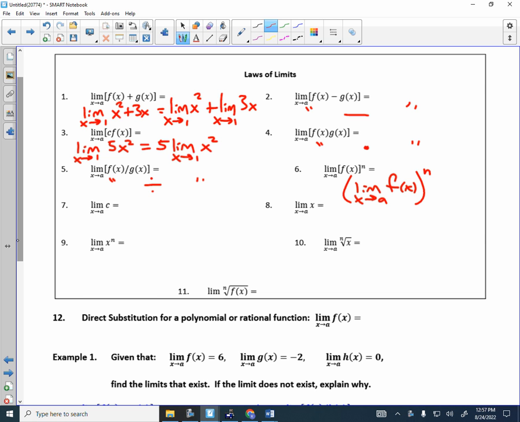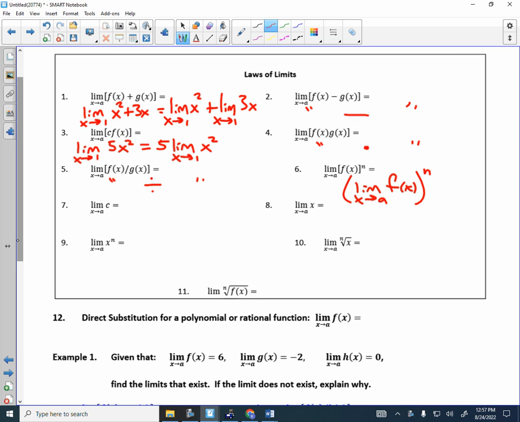It'll work out the same way. You're going to use these all the time, and you're not even going to know you're using them. They're so intuitive, you're just going to do it. It's no big deal. But these other ones, we have to think about just a little bit.